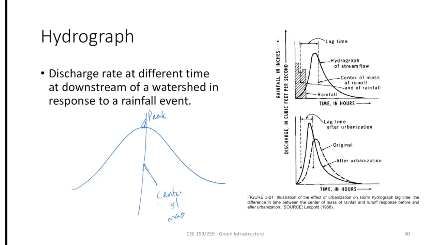They coincide here, but if your rainfall is like this, your center of mass will be shifted a little bit towards the right. So this is the center of mass. And again, peak you can measure all the time. So the difference between center of mass of the discharge and rainfall is your lag time.